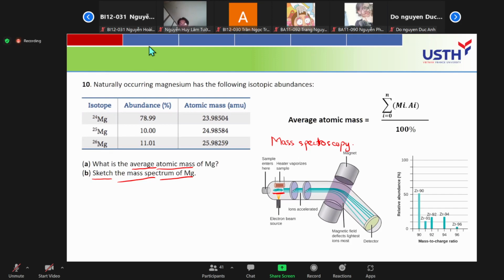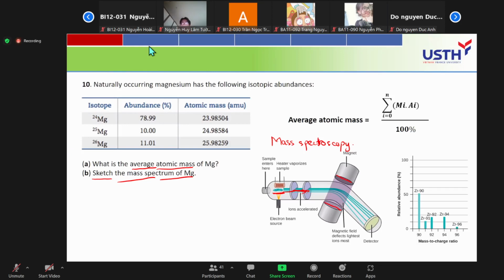After that, the ions can go through an accelerator, and then they will go through two electrodes, or in that case a magnetic field.